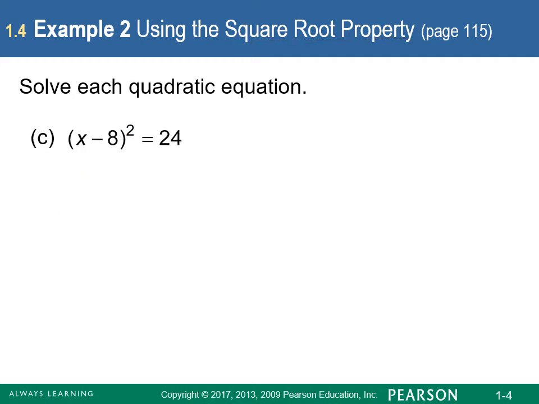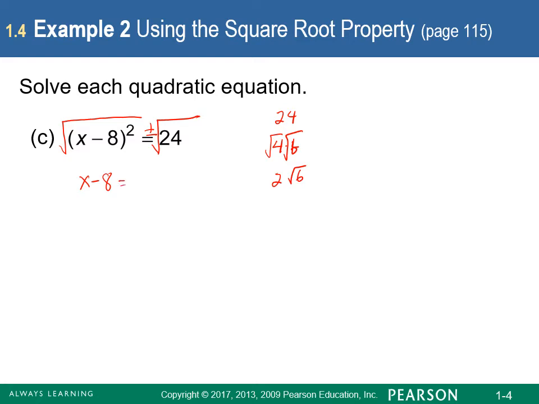Same technique. We're going to do the square root of both sides, put plus and minus on it. The left-hand side comes out to be just x minus 8. On the right-hand side, we can write 24 as 4 times 6. We can do the square root of 4 and square root of 6 separately, and that simplifies to 2 square root of 6.